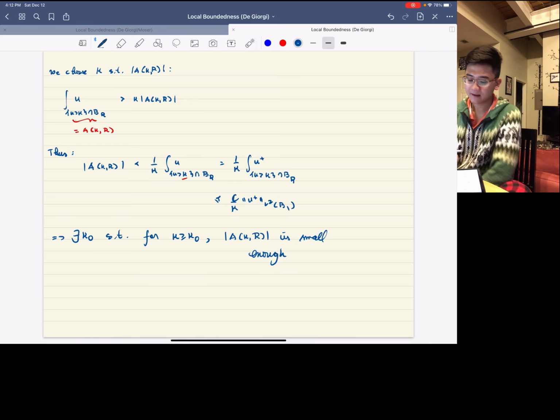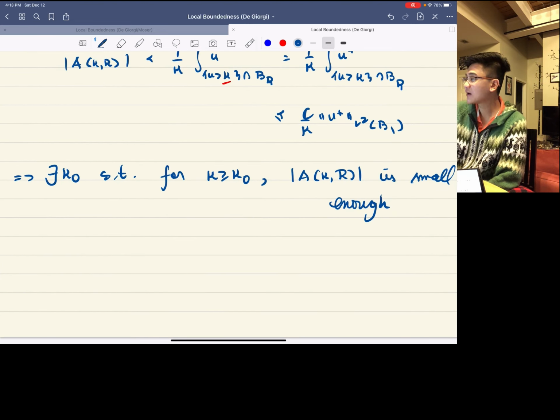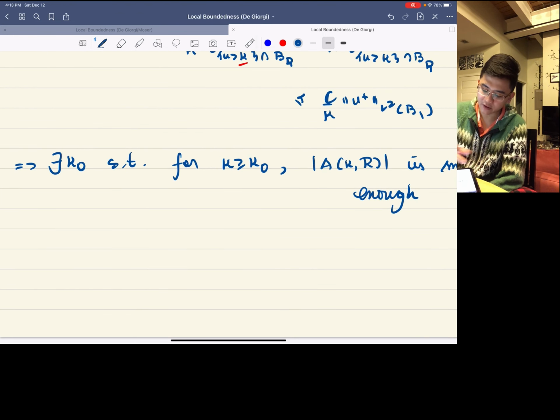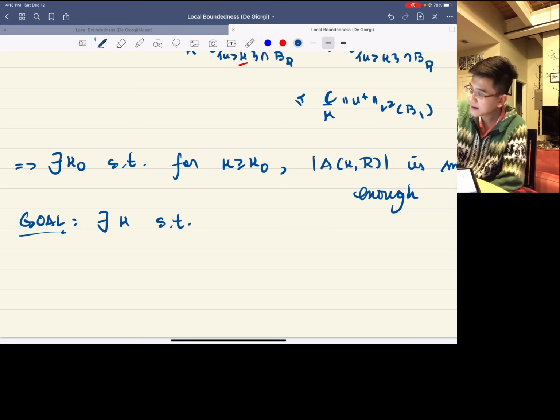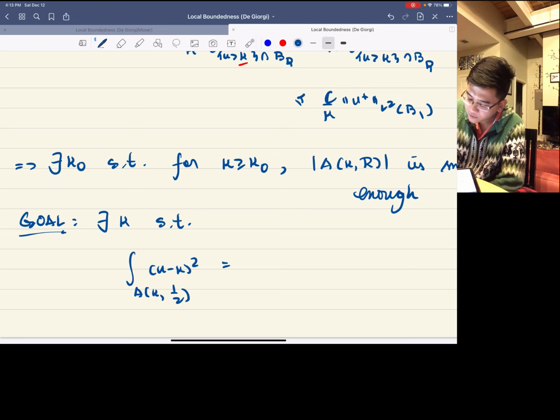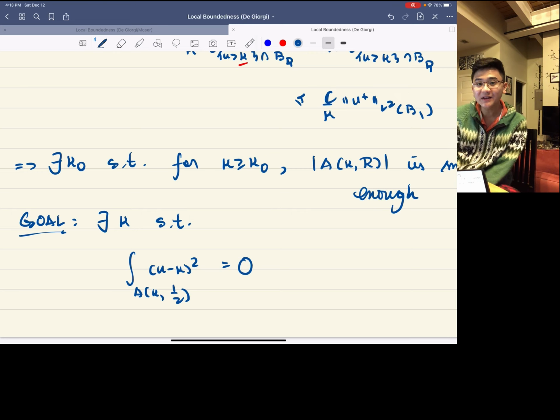Okay. But eventually our goal is something stronger. The goal now is to show that there exists some big k such that the integral of (u minus k) squared over A(k, 1/2) is equal to 0. So this is the big thing which would give us the boundedness.